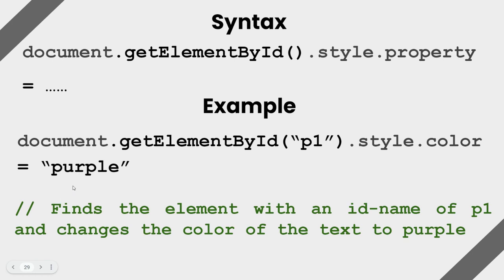So what this means is that irrespective of what the HTML element with the ID of P1 already had before, whether it was inline or external CSS or internal CSS, this particular purple color would override any existing color before. And so what this example would do is that it's going to find the element with an ID name of P1, and it will change the color of the text within that particular element to purple.